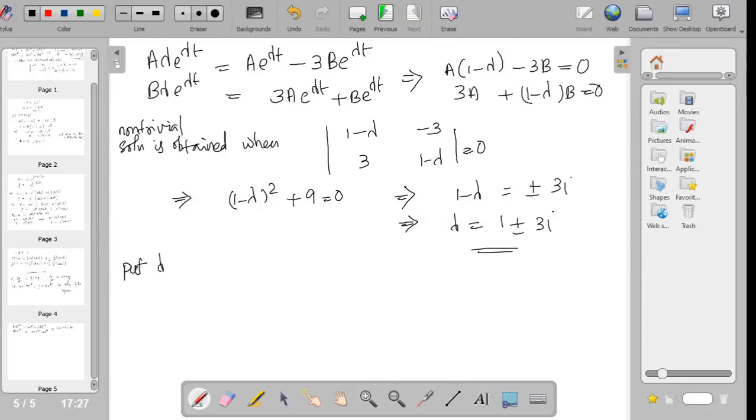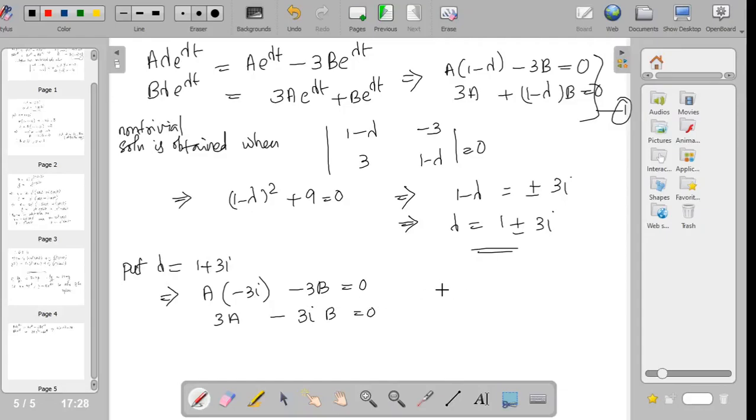So now substitute one of the roots in this equation to obtain a and b. So let us call this equation 1. Put lambda equal to 1 plus 3i. So that will give a times 1 minus 1 plus 3i, that is minus 3i, then minus 3b equal to 0, and we will have 3a minus 3ib equal to 0.